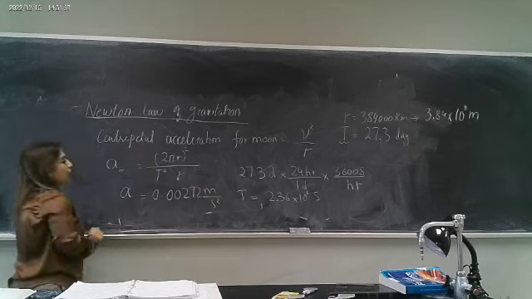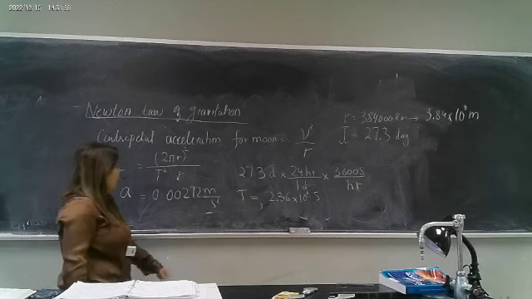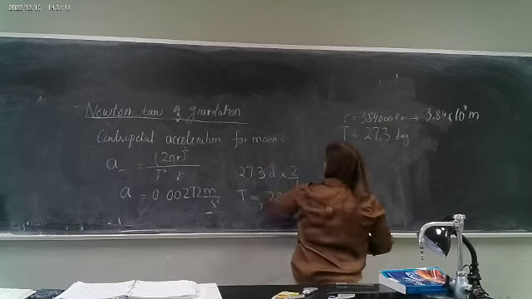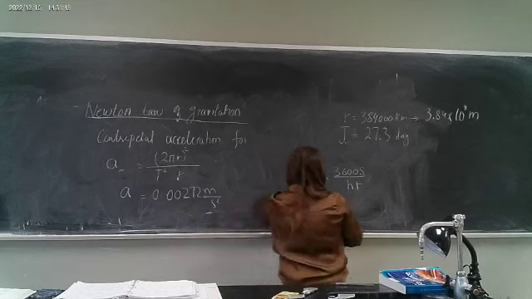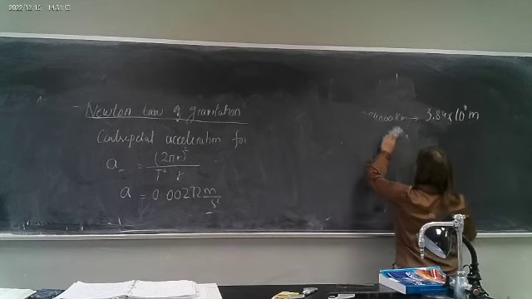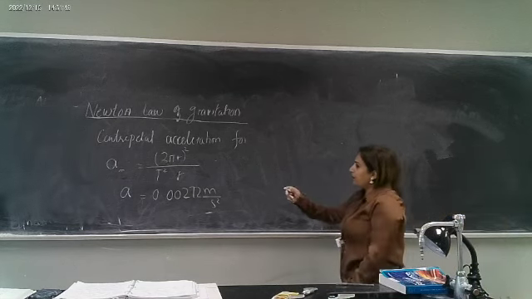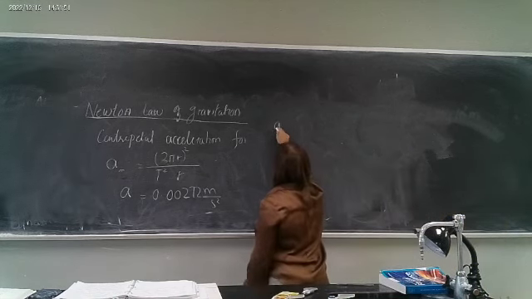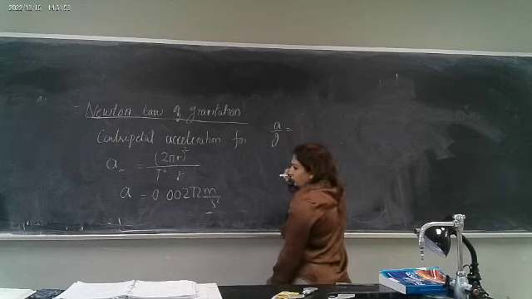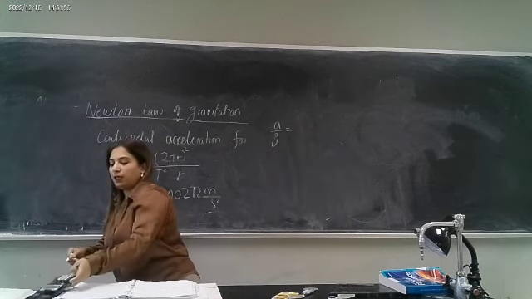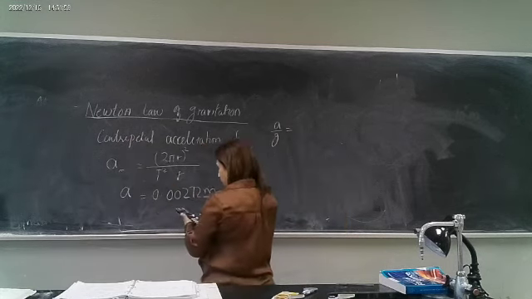Now that's the acceleration the moon needs for moving in that circular path at that distance. Now if I compare it to g, by dividing it by g, I should be able to compare it with the value of g.